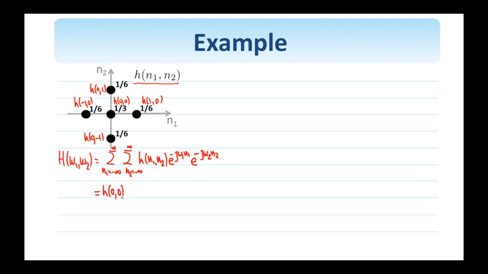So h of 0, 0 multiplied by e to the minus j 0, which is 1, plus h of minus 1, 0 multiplied by this term, and now I substitute the given values of h. So this is 1/3, and all the rest are 1/6.